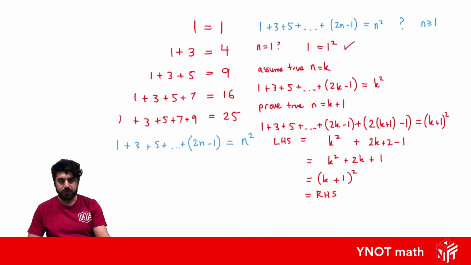But then if it's true for 2, it has to be true for 3. And if it's true for 3, it has to be true for 4, and so on. So we've successfully proved that it's true for all values of n. So we can say, therefore, this statement is true by mathematical induction.